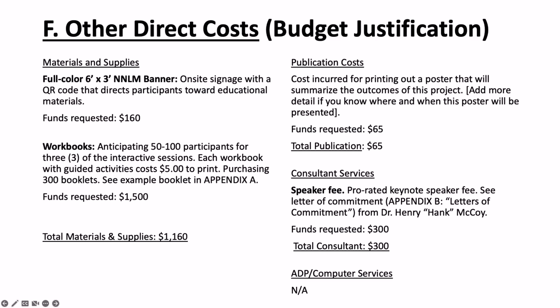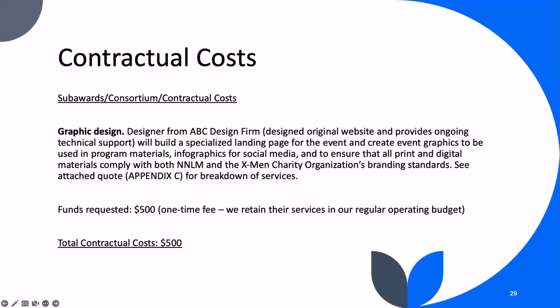So a lot of times, this section is used, let's say someone is doing a data visualization project that uses some sort of geographical component. You might use ArcGIS, and so you might need to purchase that software package. That might be an example of how you use the ADP computer services section.